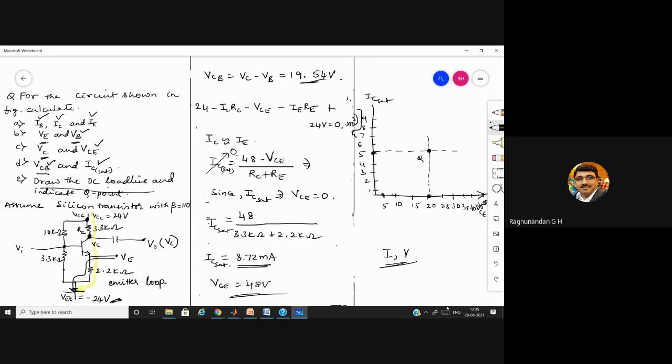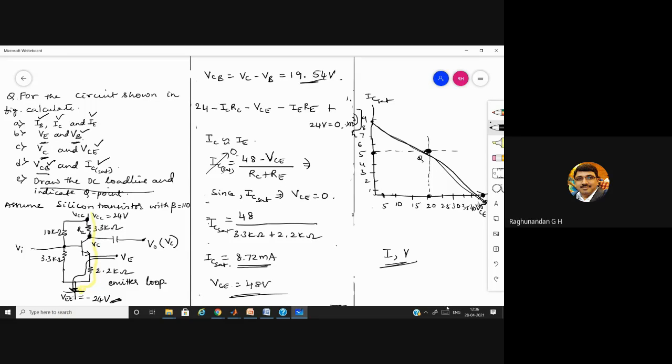Now, for the DC load line, somewhere here you'll get 48 and you'll get 8.7 here. You can use a scale and draw it properly.